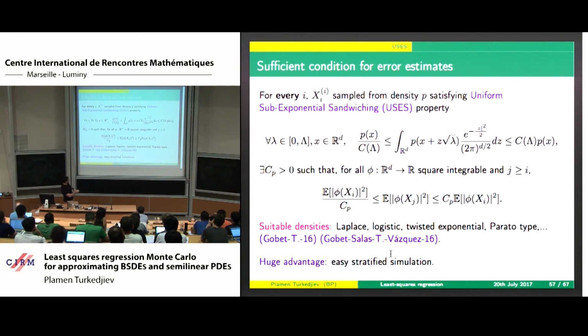And the consistency in the law that this brings is that basically the expectation squared of x at any point in the future, under any square integrable function phi, is bounded from above and below, or is equivalent to, the square expectation of the same function of x at time i, that is today.